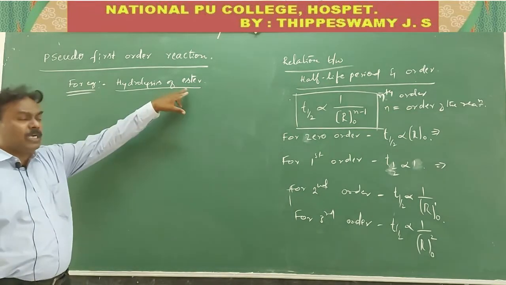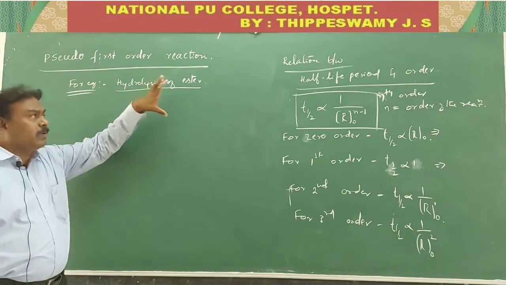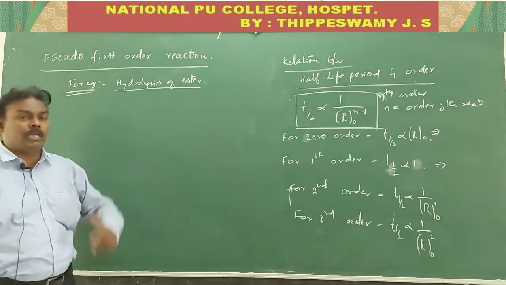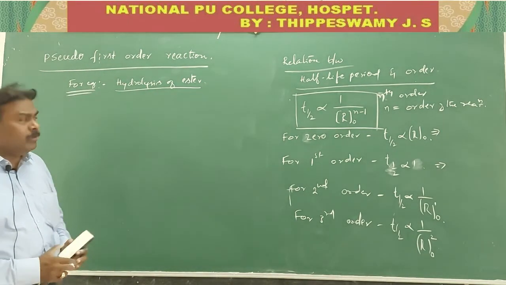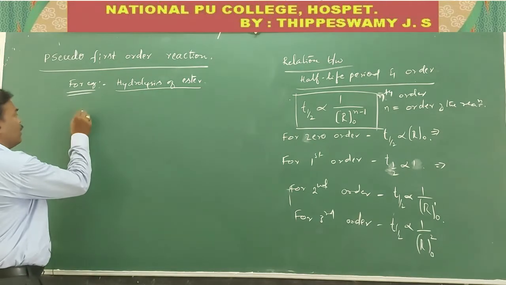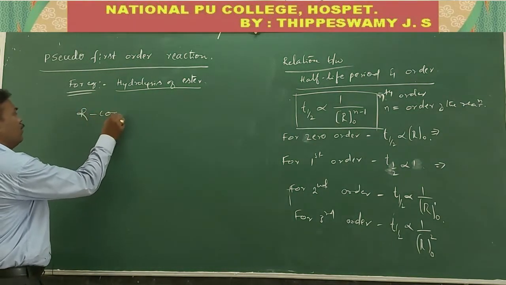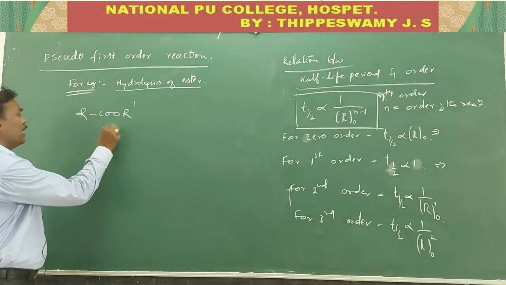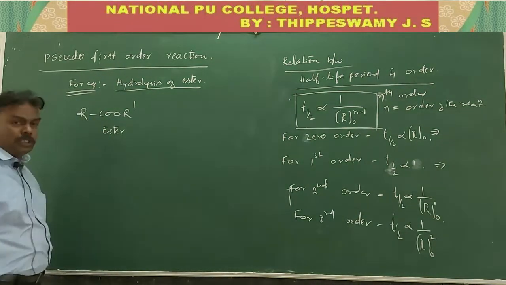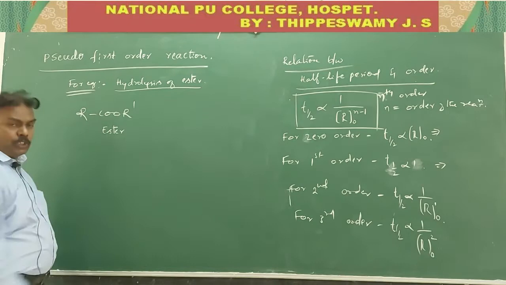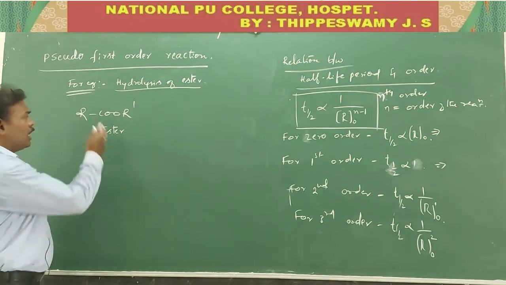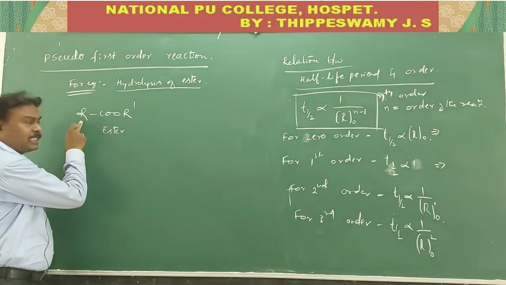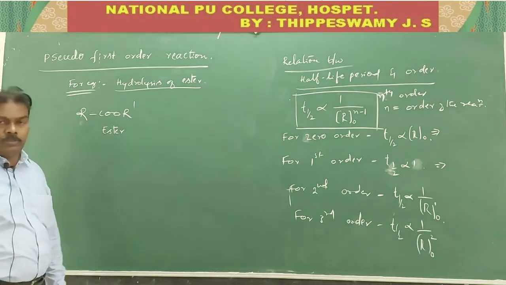Ester is one of the organic compounds, and it is one of the functional groups in organic compounds. You know, the general formula of the ester is R COO R dash. The functional group is COO R dash only.